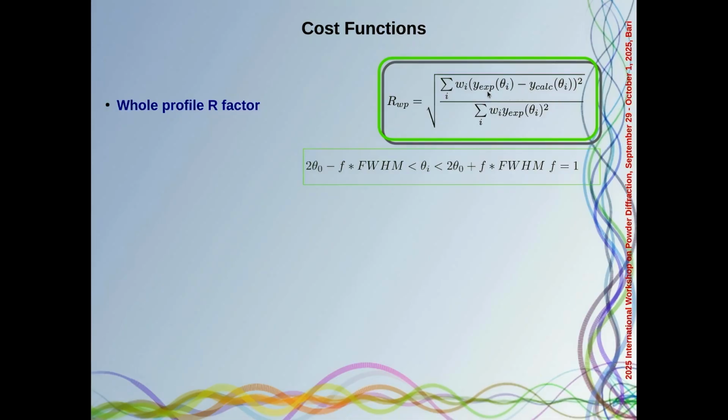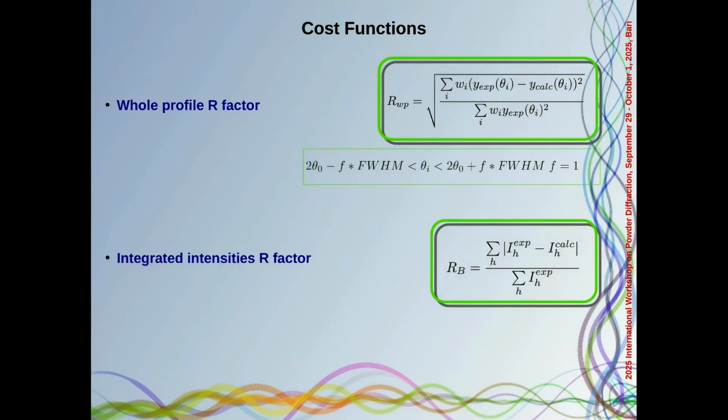But essentially this is not the overall profile R factor, because the calculation is performed only in a limited range around the peaks. You don't use the entire pattern, but only a small range corresponding to the peak position. This is a strategy to reduce the computation time of the cost function.